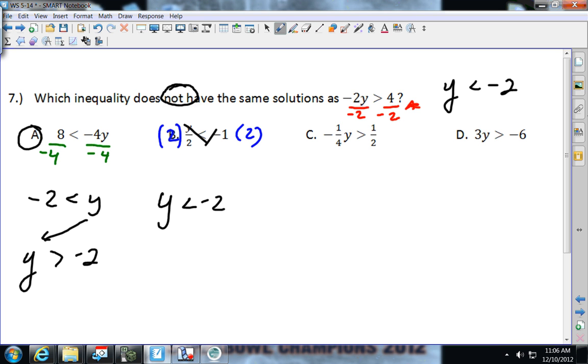Here, you can do this a couple different ways, but you would multiply by -4/1 on each side. When you multiply or divide by a negative, you must flip the sign. This becomes less than, and this right here is -2. This is the same. Next one here, divide by 3.